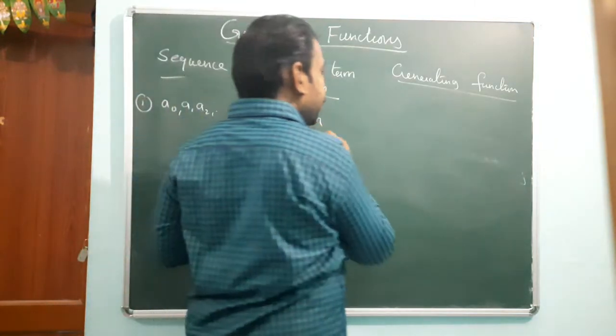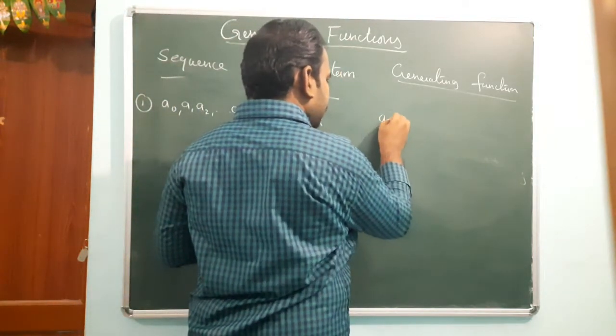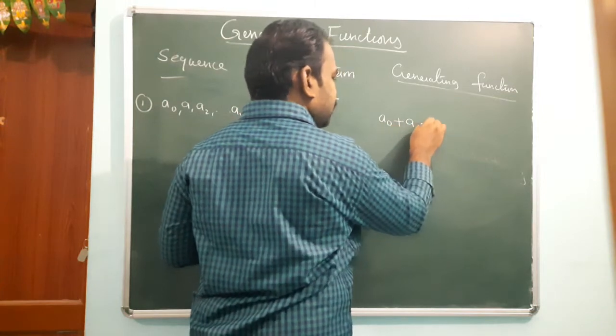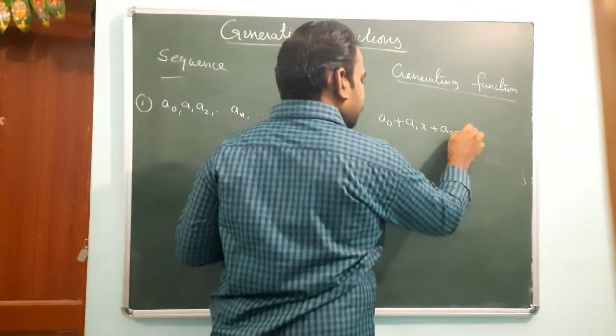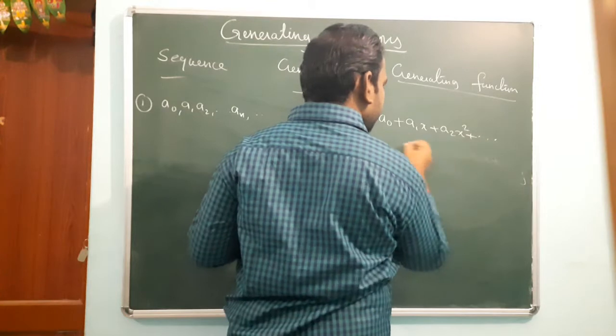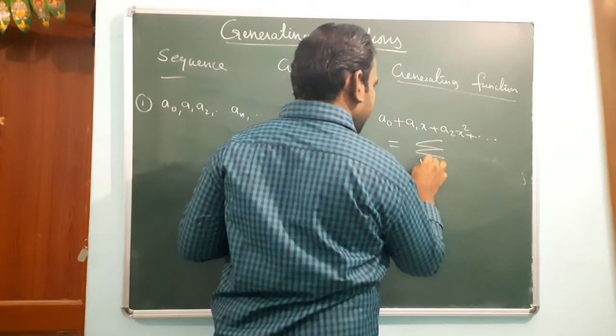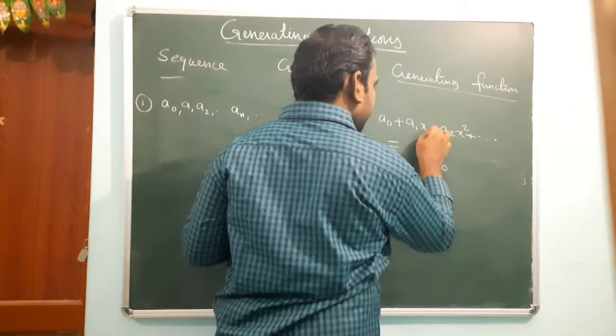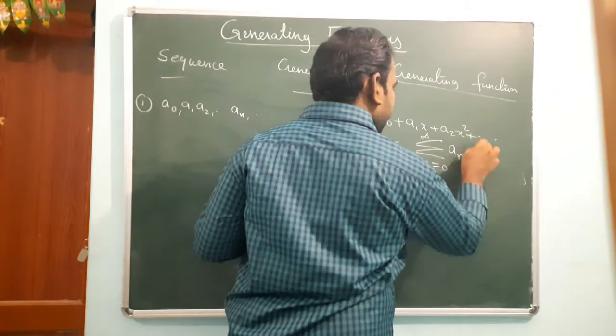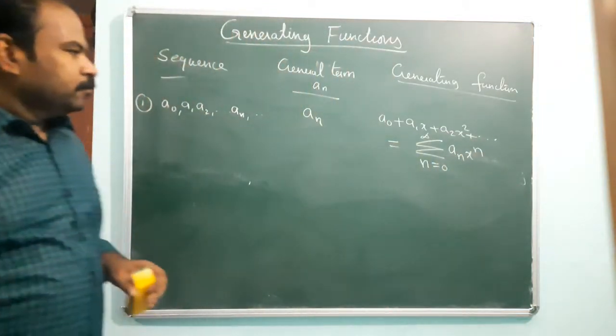So what is the generative function? A naught plus a1 x plus a2 x square plus etc., that is summation n equal to 0 to infinity a n x power n.